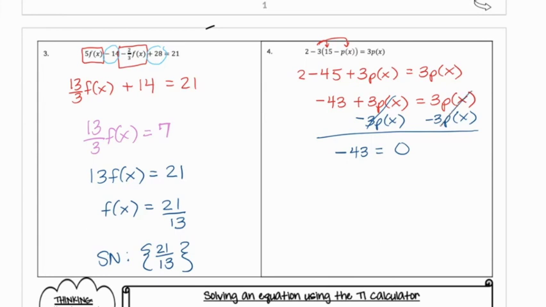Is this statement true? Is negative 43 equal to 0? Is that even possible? No. So we have a false statement. If I have a false statement, that tells me that my problem or my solution is known as inconsistent. If it's inconsistent, that means that we cannot solve this problem.